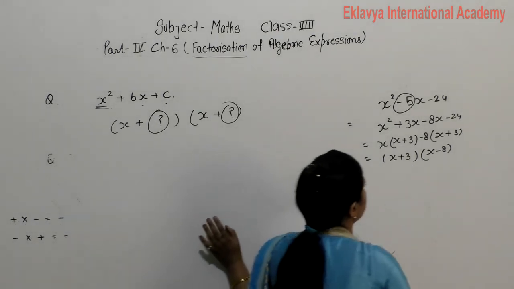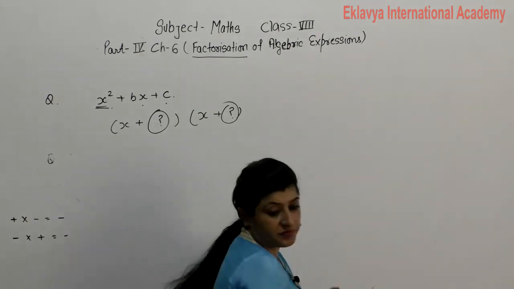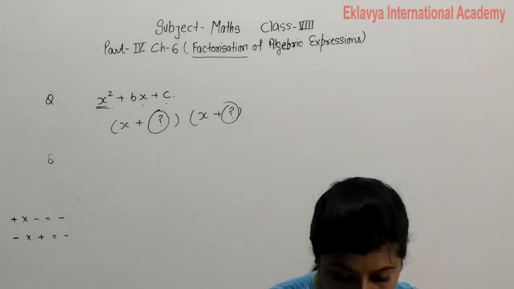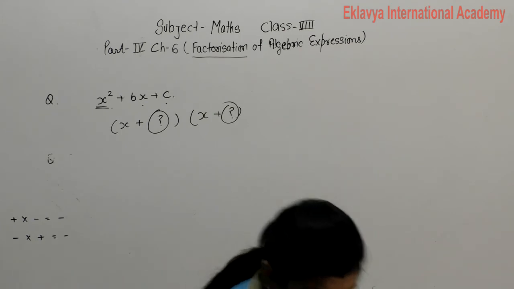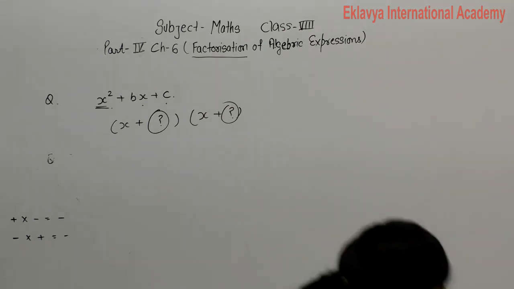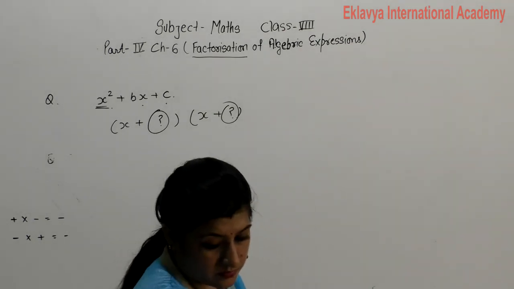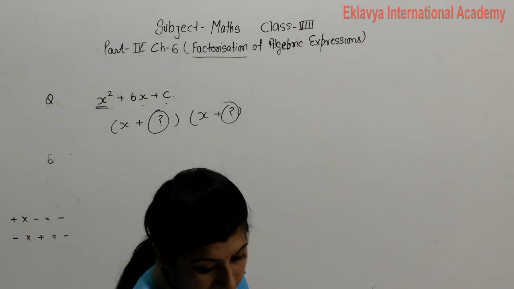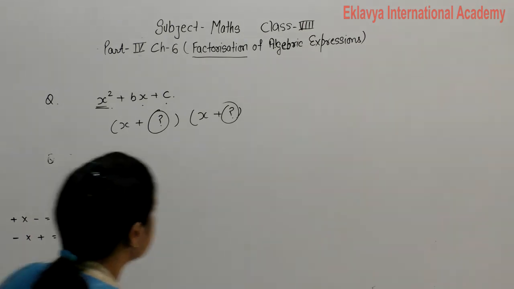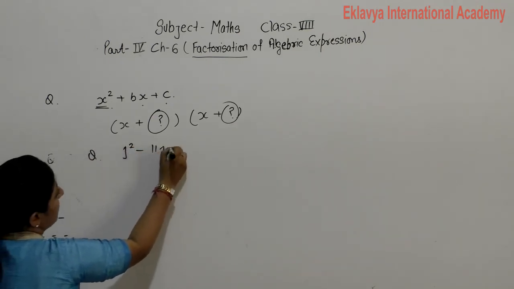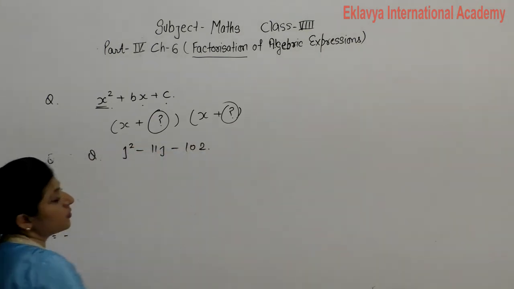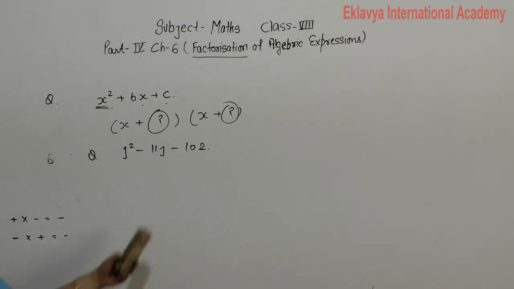One more example, see now. j square minus 11j minus 102. So firstly do the factors of 102.